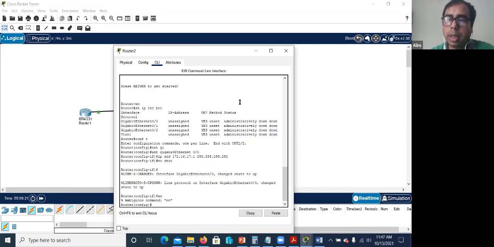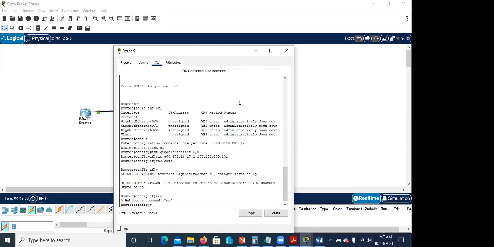What will be the routing? Is it static routing or default routing? In that case, maybe we can allow PPP only, or point-to-point protocol.